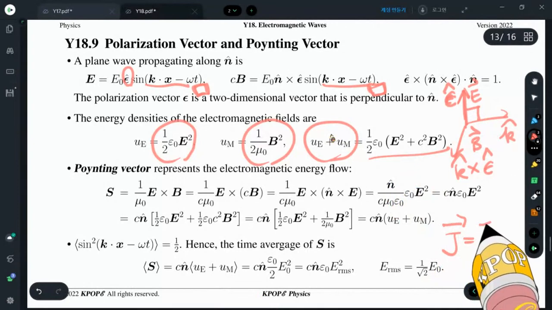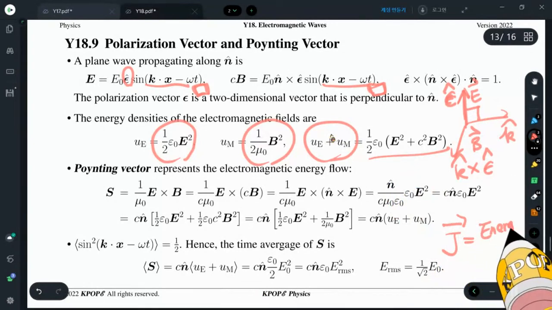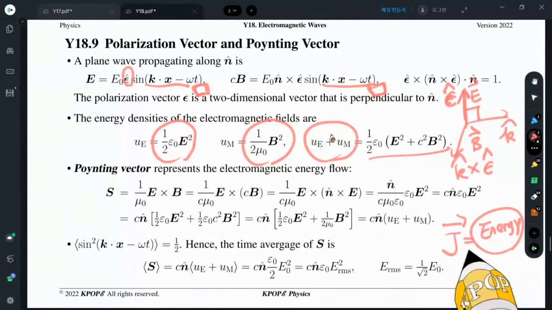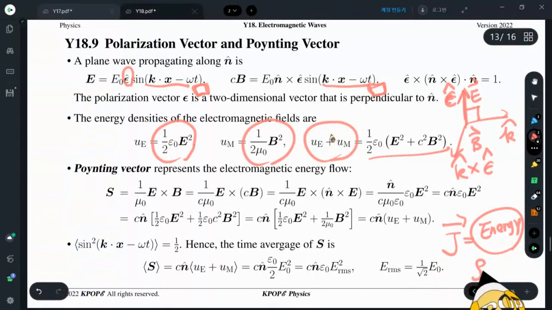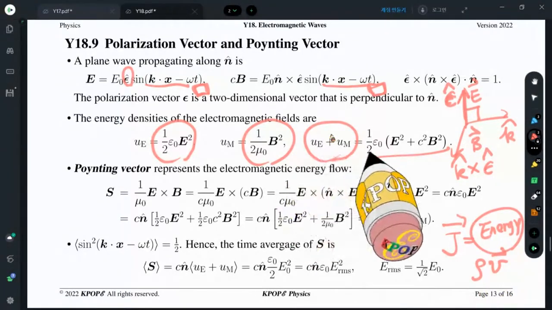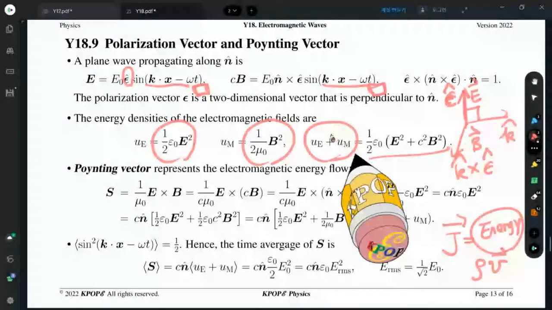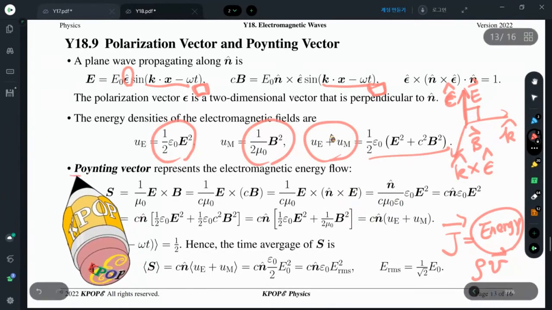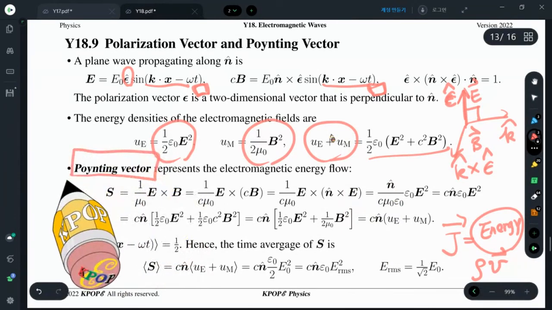This current represents the energy propagation. Usually current density is expressed as a product of the velocity multiplied by the density. And you can substitute the electromagnetic field energy density into this rho and the speed of light into this v. That is called the Poynting vector.